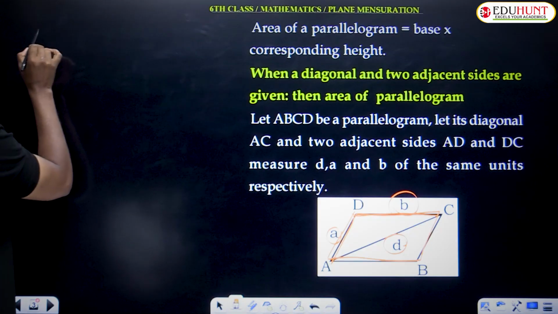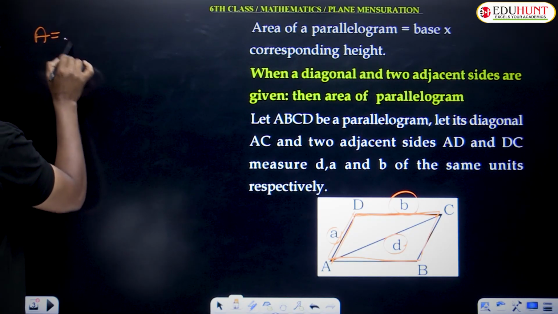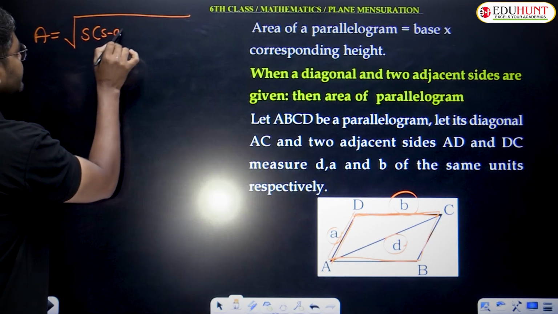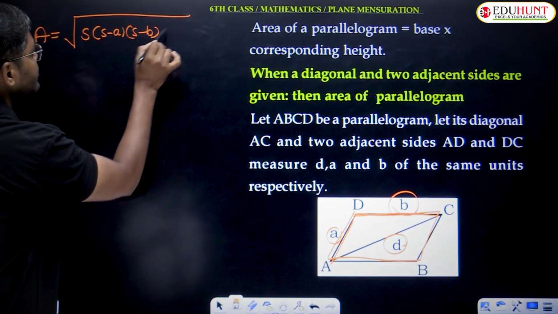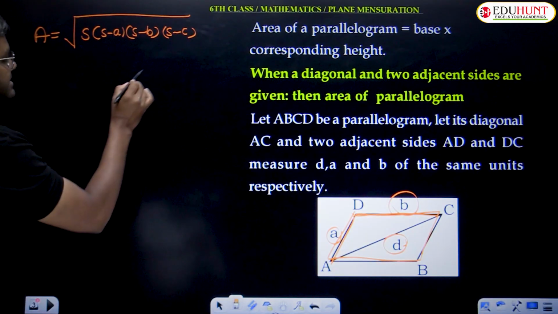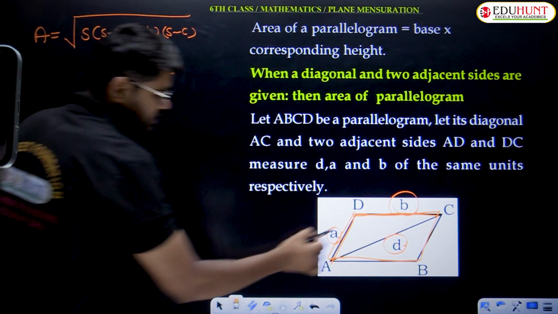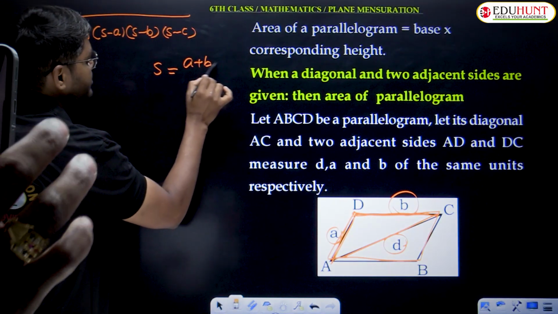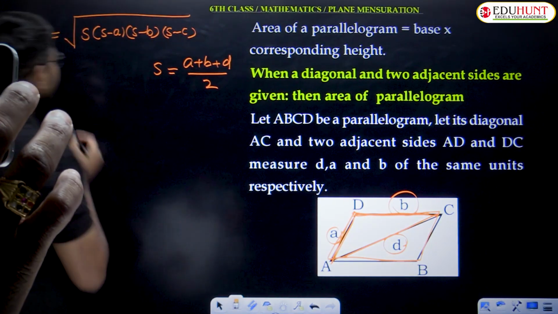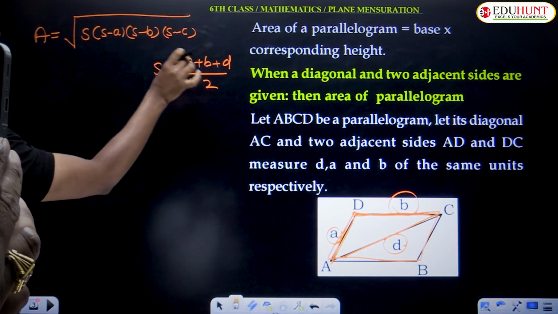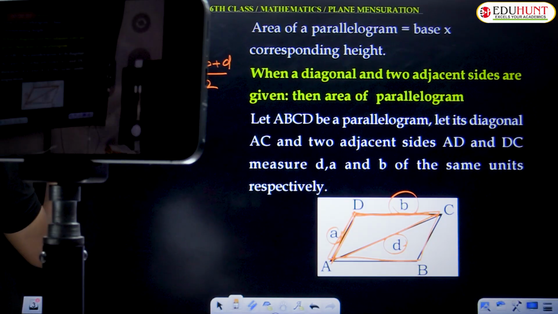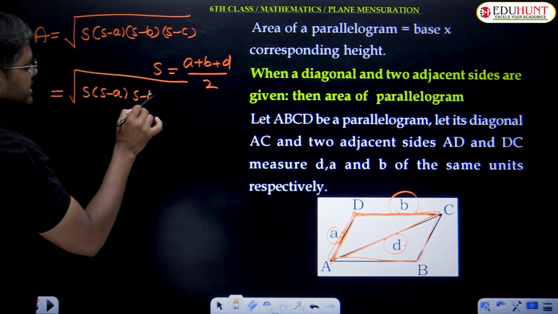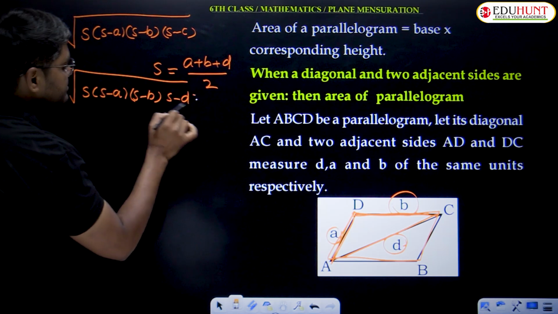To find the area of a triangle, we can use this formula: square root of S into S minus A into S minus B into S minus C. Here S is the semi-perimeter, A plus B plus D by 2. So I can substitute square root S into S minus A into S minus B into S minus D.